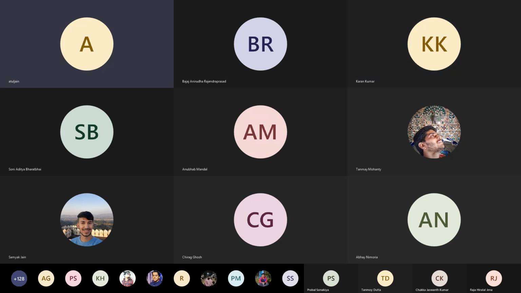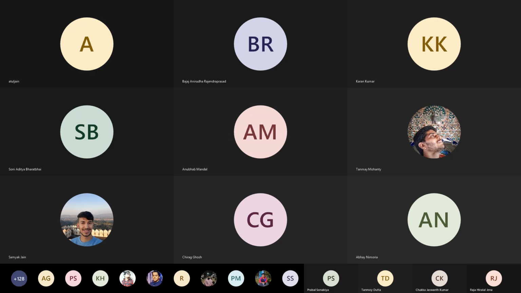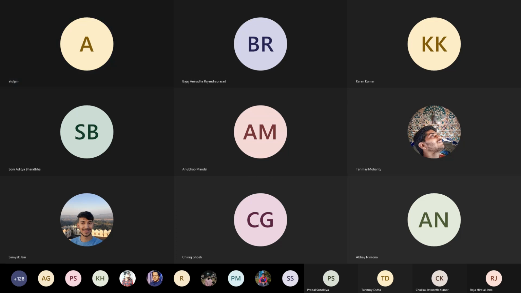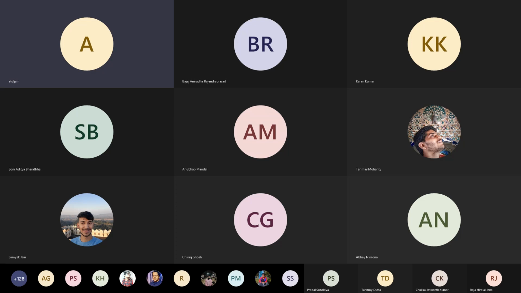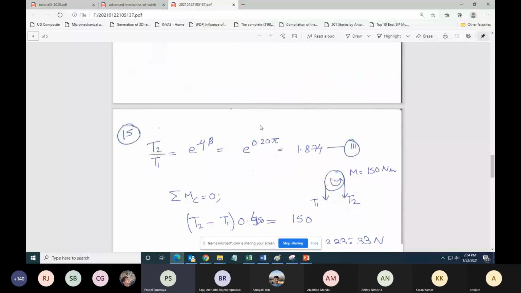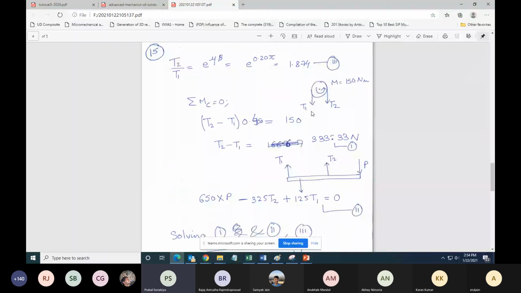Otherwise, this is a simple problem in the sense that it is slightly longer than the previous question, but it is simpler. First, draw a free body diagram of this circle. Let me share the screen. So first draw the free body diagram of this red circle. Sir, in this diagram, which side will be higher, T1 or T2?